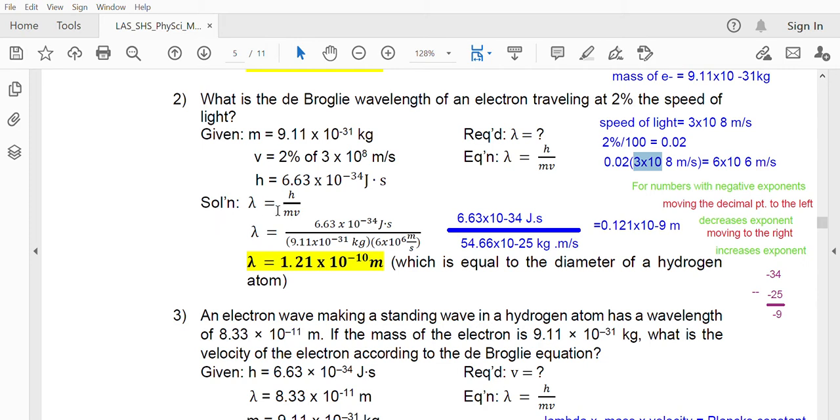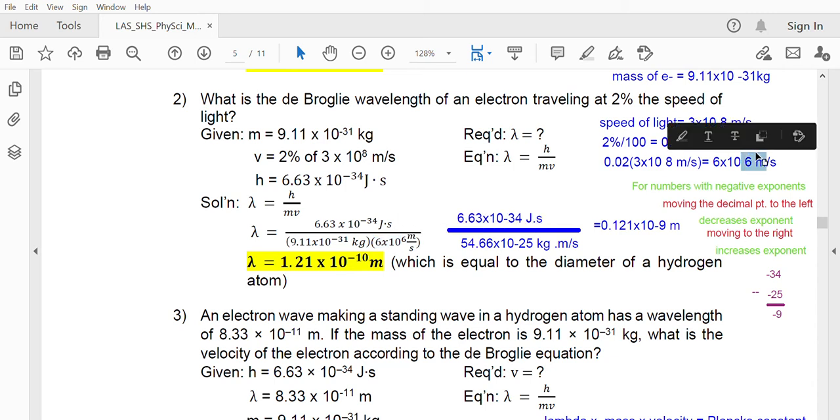Now, we will substitute the given to the formula. So, lambda is equal to the Planck's constant divided by the mass, which is multiplied by the velocity.